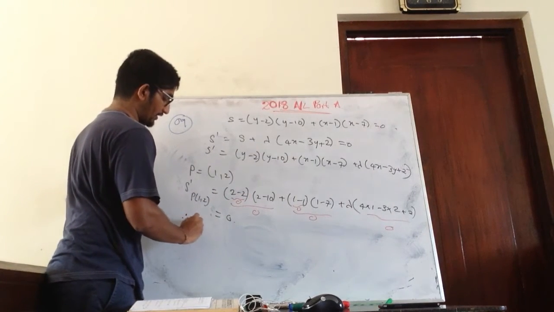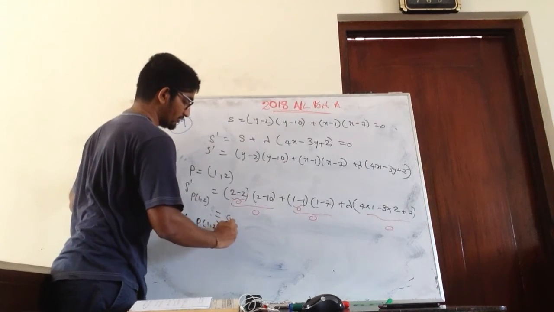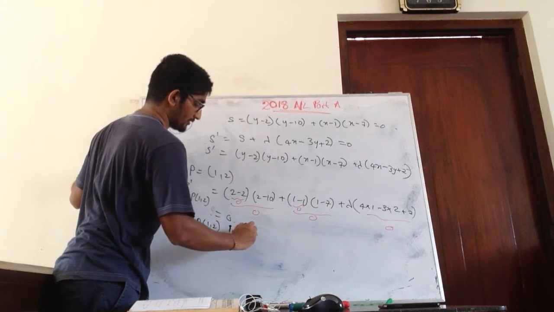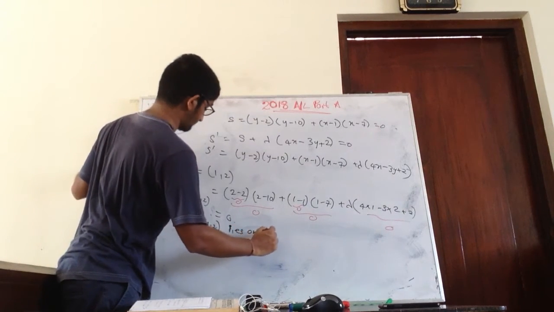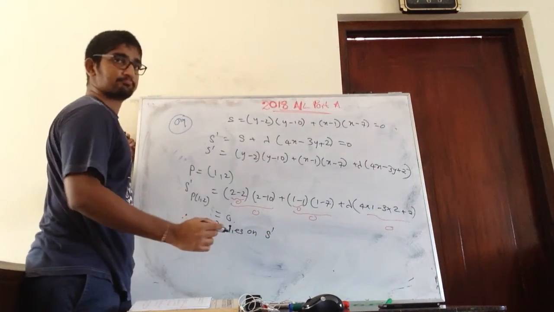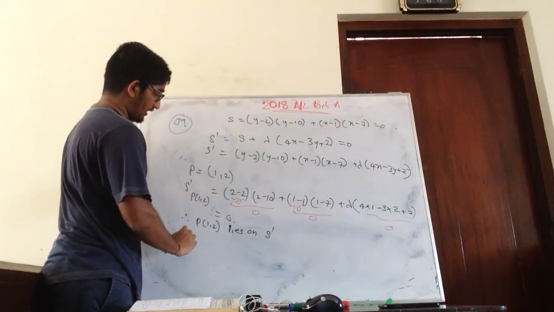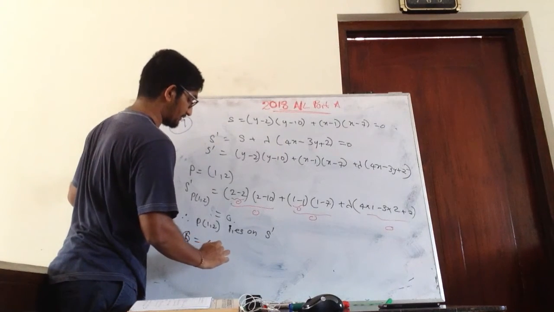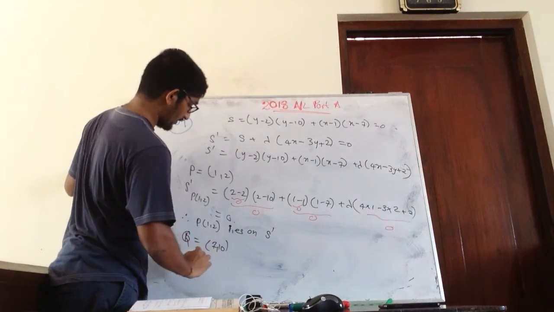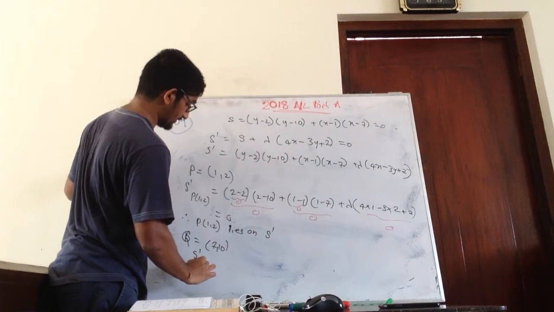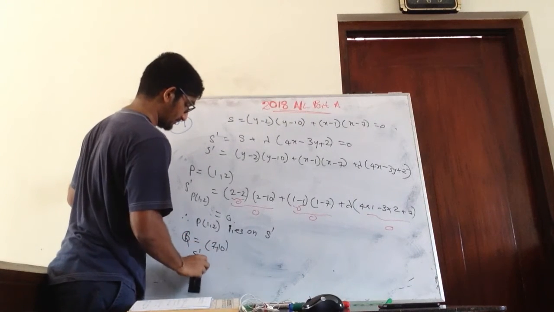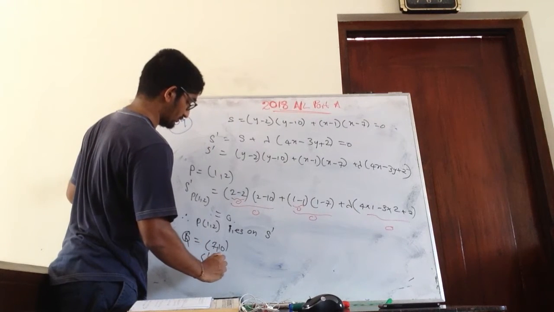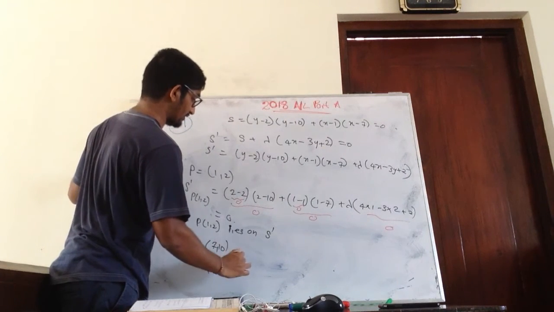Therefore P 1, 2 lies on S dash. So similarly, when Q equals, what is Q? 7, 10. We can take S dash at Q 7, 10.